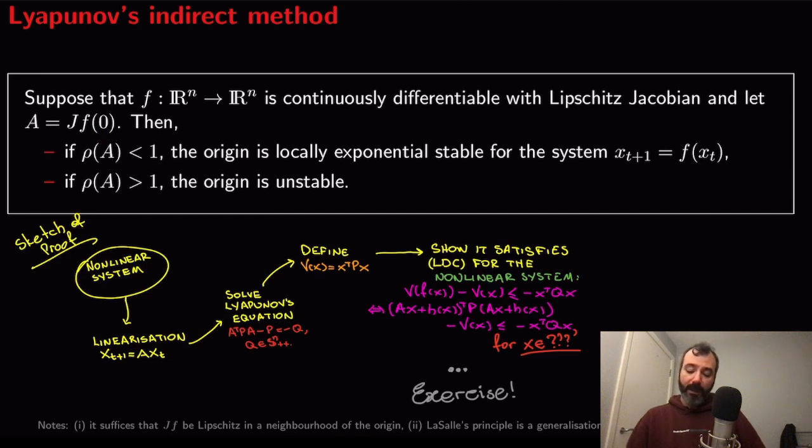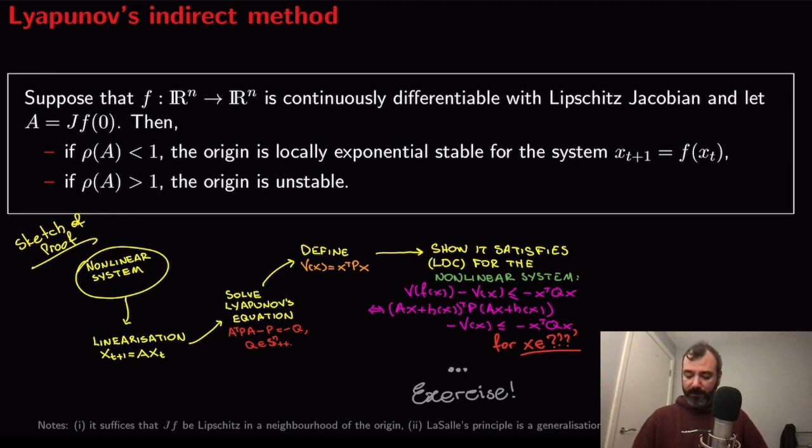Then look, if the spectral radius of A is less than 1, so if the linearized system is stable, then the origin is locally exponentially stable for my original dynamical system. On the other hand, if the spectral radius of A is above 1, the system is unstable.